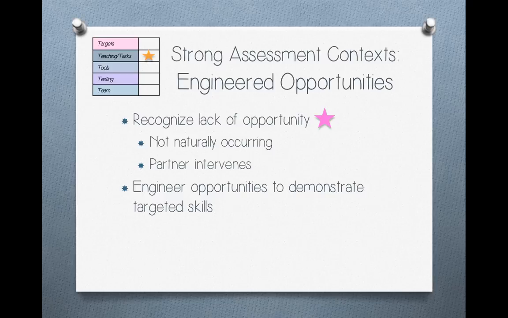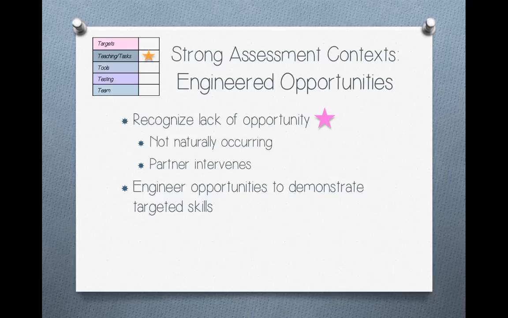I got in the way of letting him show me what he could do. So being aware of when, one, there was no real space or time for that to happen, or two, whether the partner intercepted an opportunity and didn't give the child a chance to do it themselves, in which case you may have to set those items up or have the partner back off or something like that.